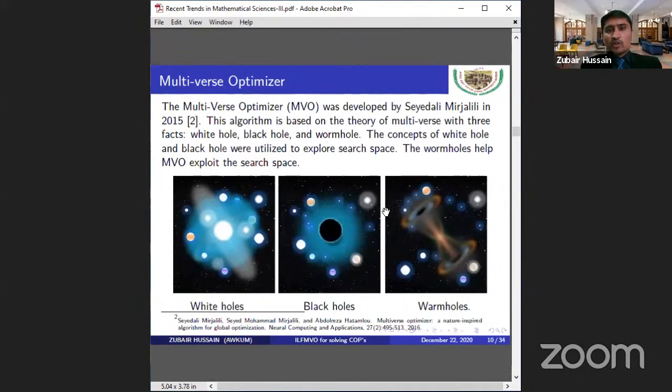Now in this slide, we are going to present the multiverse optimizer. So let me start from the beginning. According to the Big Bang Theory, our universe began with an explosion of space itself. Starting from extremely high density and temperature, space expanded, the universe cooled, and the simplest elements formed.